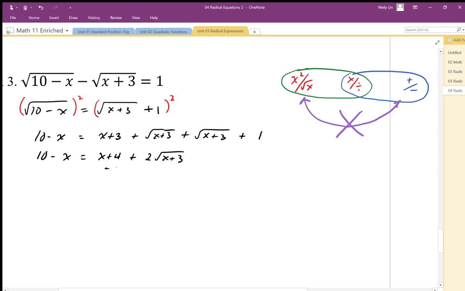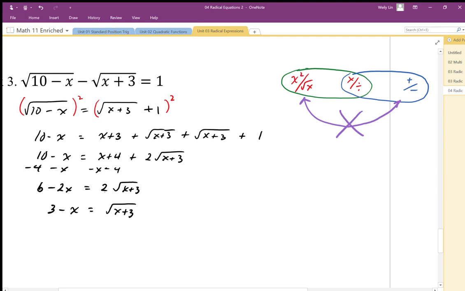So this becomes 6 minus 2x is equal to 2 square root x plus 3. I can square, because remember that times and square roots are okay together, but I'm just going to simplify this by dividing everything by 2. That way I don't have to worry about that times 2 here.